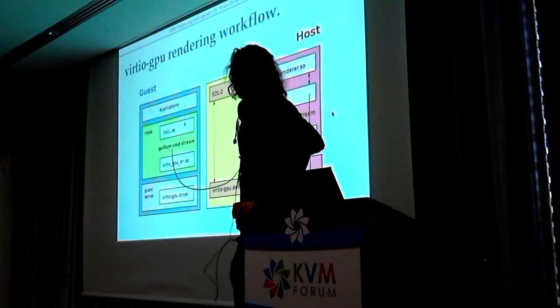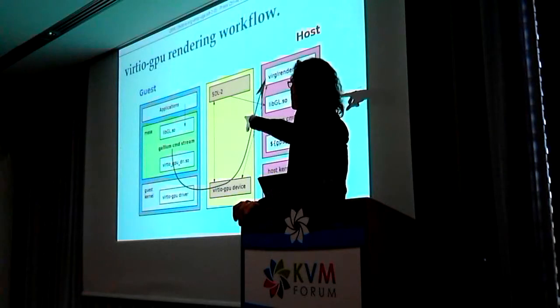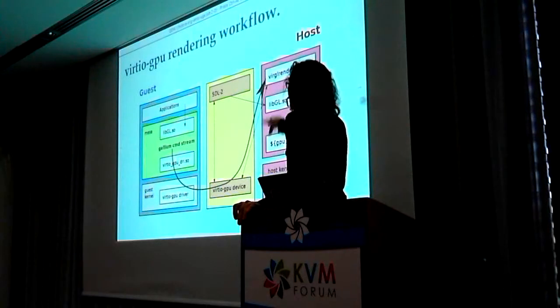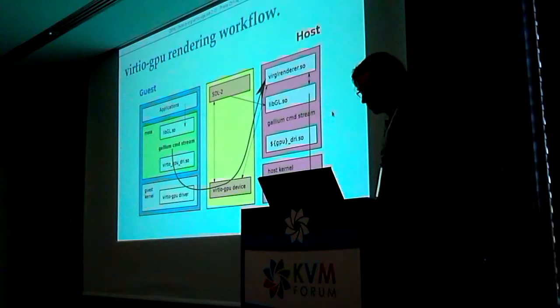So there's some communication between those components needed, but the basic idea is to just take this pre-processed OpenGL commands in form of the Gallium command stream and pass them through to the host and process it there.